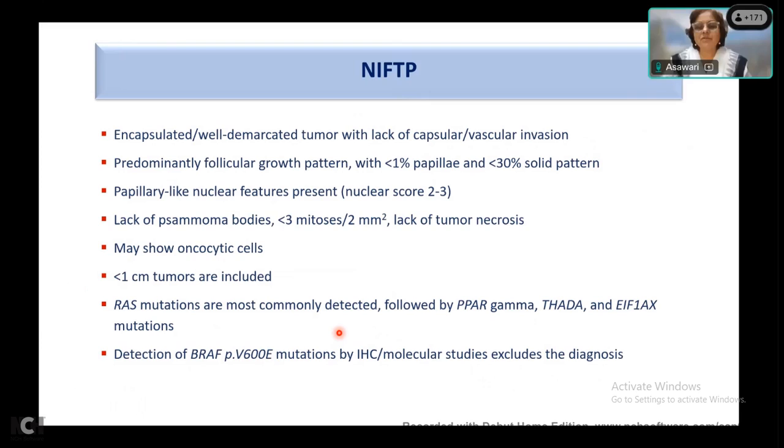Yes. Thank you very much, Dr. Shiva. Savari, can I just address one of the statements that Shiv Kumar just made, and that is about follicular variant of papillary thyroid carcinoma behaving like a papillary thyroid carcinoma.